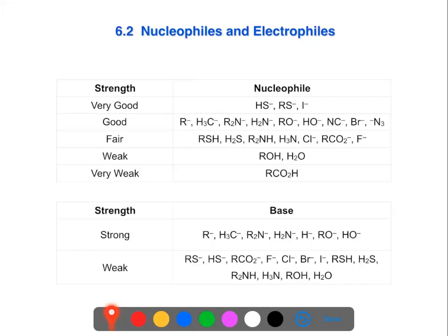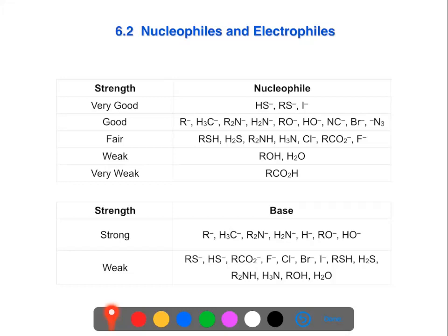So if you have, let's say, a conjugate base that is not very stable, it isn't stabilized by resonance, it's not on an electronegative atom, then a very unstable conjugate base, A, increases its basicity, and B, most likely is coming from a fairly weak acid. So that's a good identifying feature of the relative strength of bases.